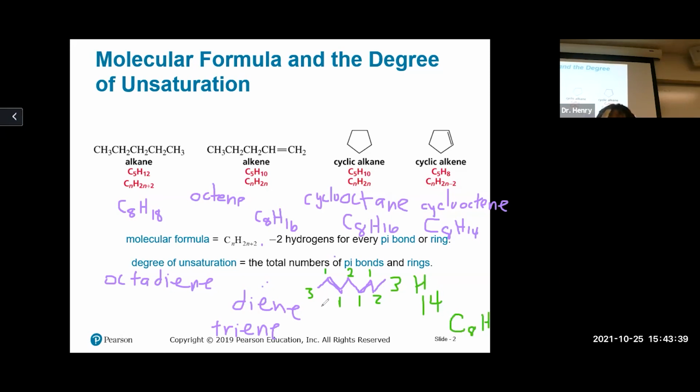So we said it's C8H14. Because it's a diene, it loses 2 hydrogens for every pi bond, which means double or triple bond. We have an additional double bond, so that's how we end up with that 14. Make sense?